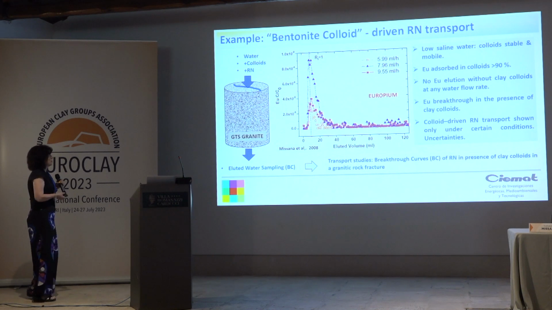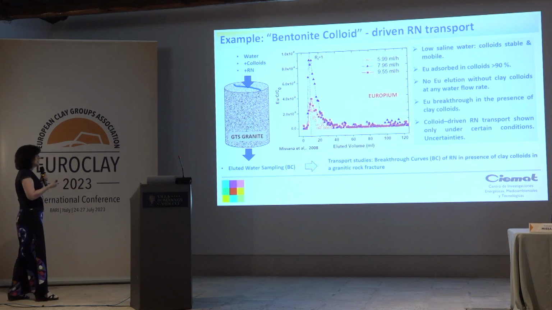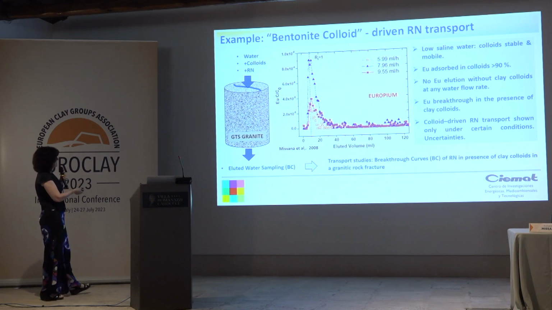And then finally, we also made some experiments to see whether the presence of these colloids in a fractured medium could be important for the migration of radionuclides. This is the case of an experiment that we made in granite at the GTS in Grimsel, where we introduce the water plus the colloid plus the radionuclide. In that case, the initial sorption of europium was very high, and at the end we collect the water in different samples and obtain these breakthrough curves.